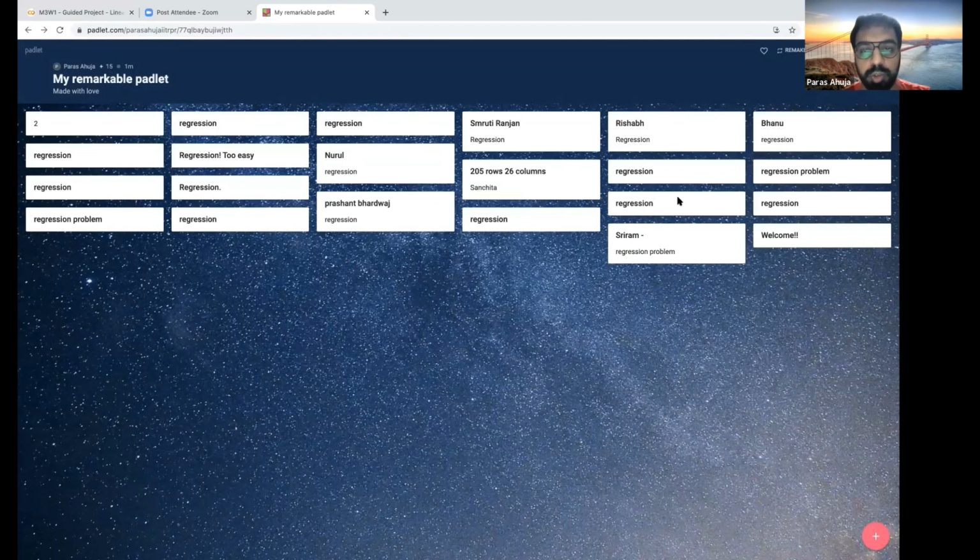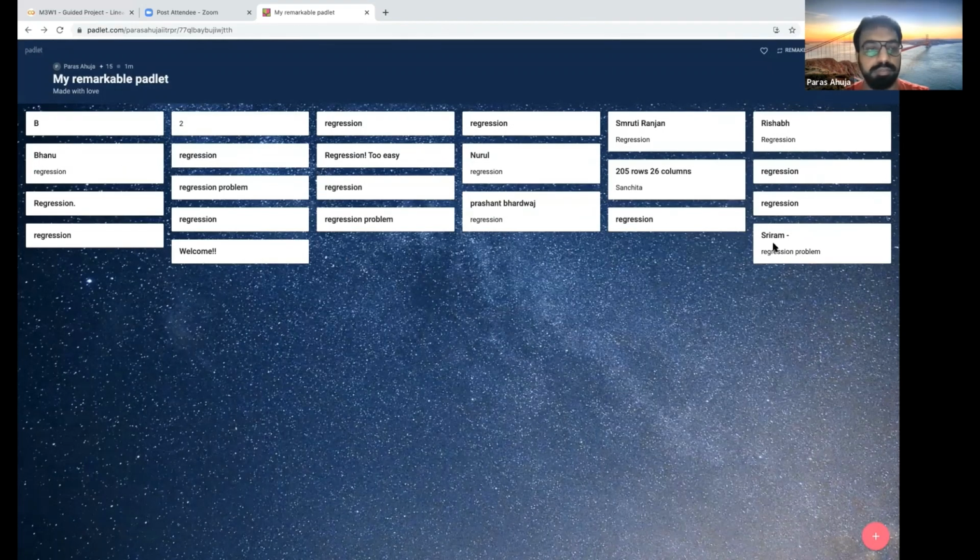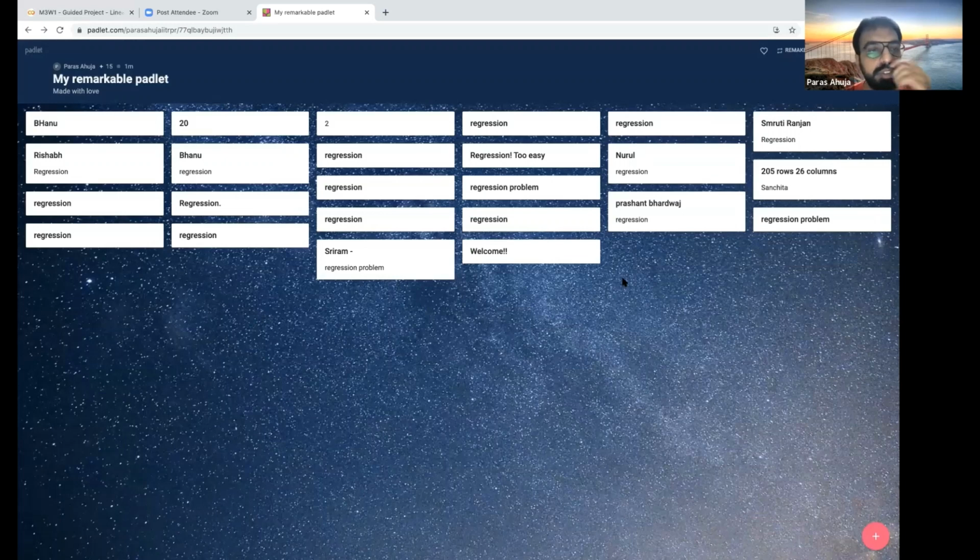So yes, 205 rows and 26 columns. And how many null values?